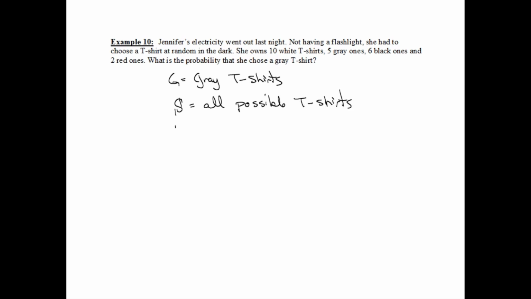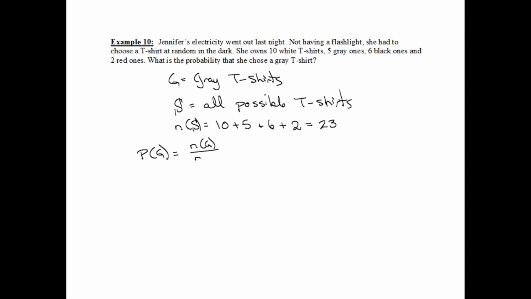How many are in our sample space? Well, the 10 white ones are in there, and the 5 gray ones, and the 6 black, and the 2 red, so that leaves me with 15, 21, 23 t-shirts that are possible. And how many gray ones are there? 5, right? So what is my probability that I got a gray t-shirt?